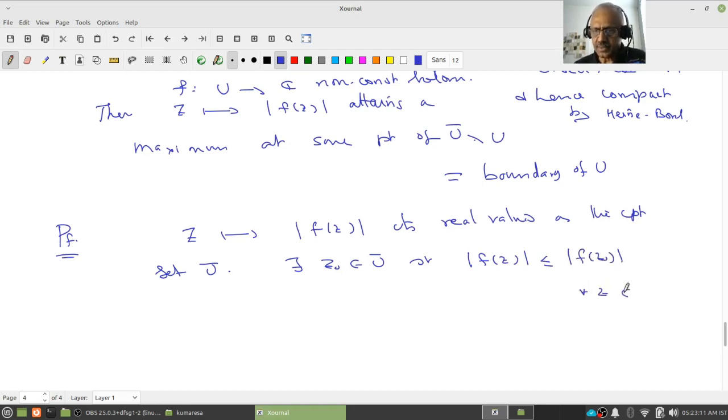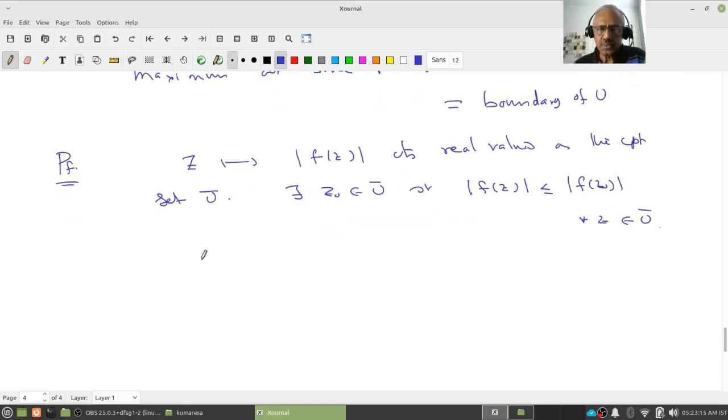This is true for all z in U closure. Now, can z naught belong to U? If it did, what does it mean? In particular, for every z in U, I have modulus f(z) is less than or equal to f(z naught).